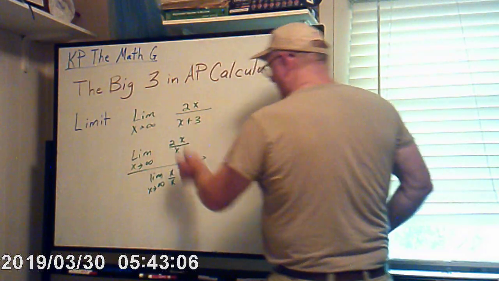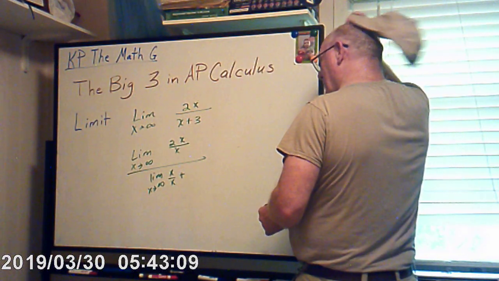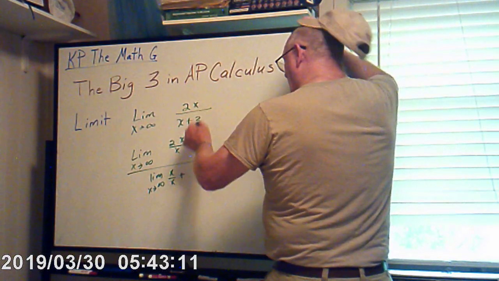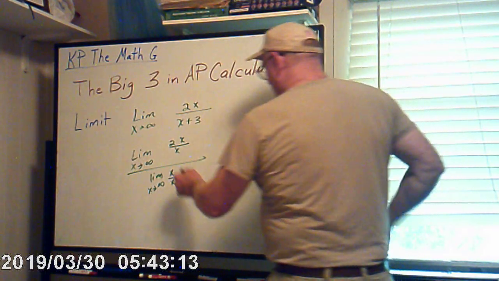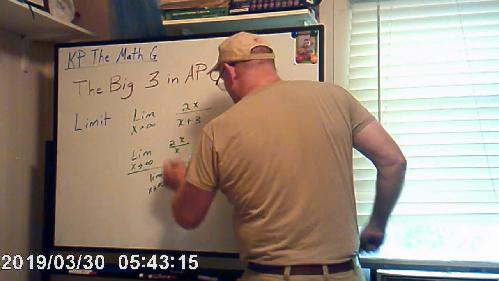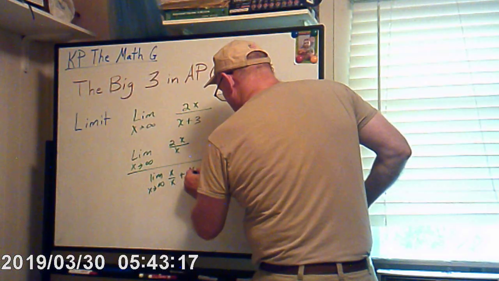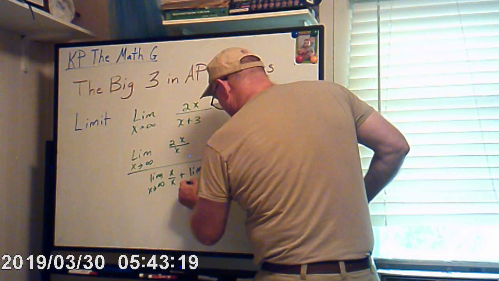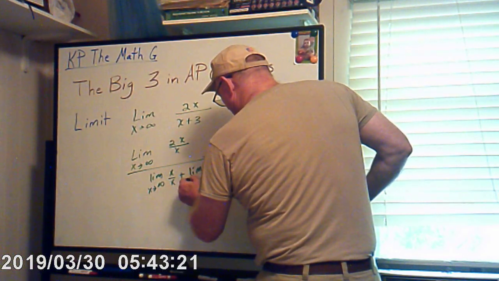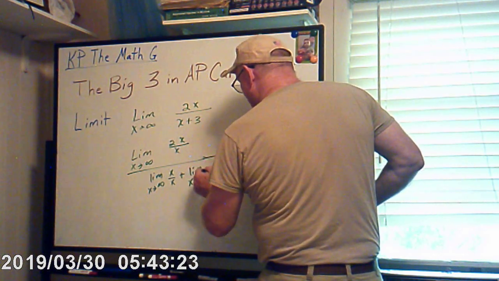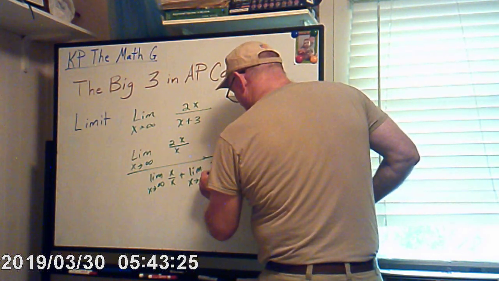I'm just dividing everything by x, right? The numerator is divided by x. This denominator here is divided by x. And I can do the limit. There is a rule that says that we can distribute the limit over all the terms.